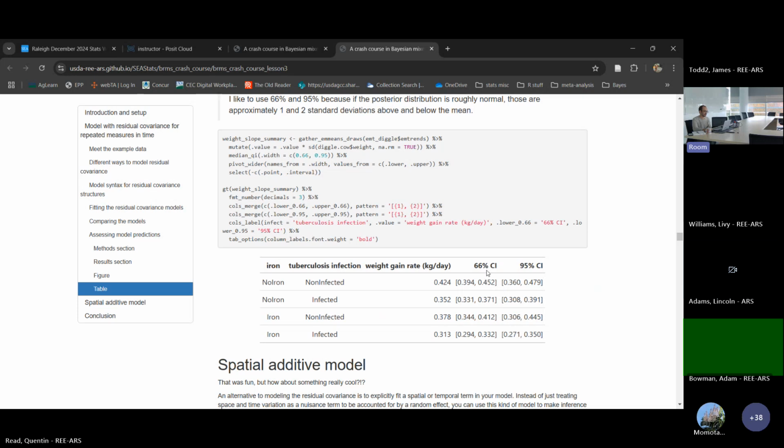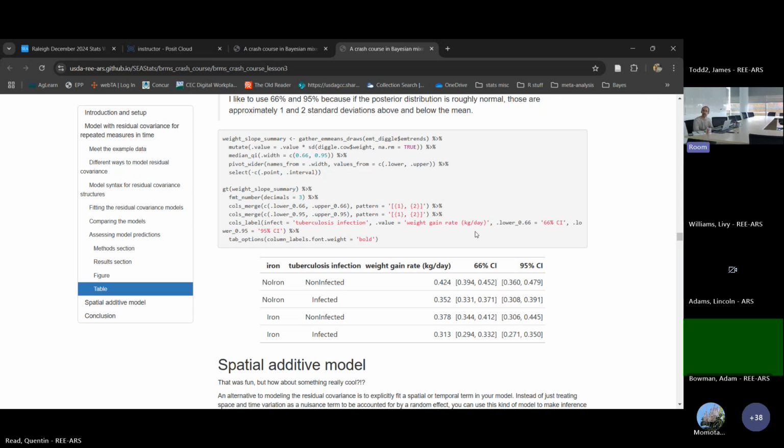I've thrown in 66 and 95% credible intervals, which I like to do because that's roughly equivalent to 1 and 2 standard deviations in a normal distribution. That's kind of why I think 95 is used in the first place, because it's 2 standard deviations from the mean. And 66 is about 1 standard deviation if it's roughly normal. So I present both of those. You can see they're all in the same ballpark there.